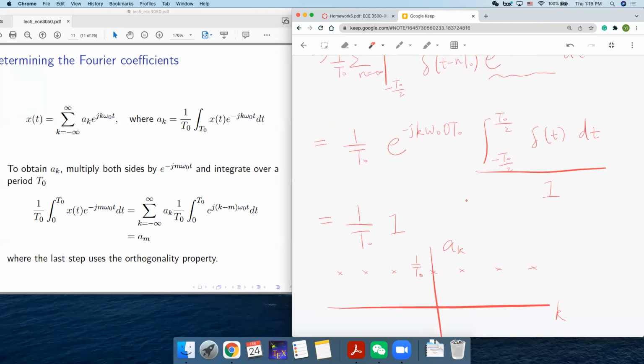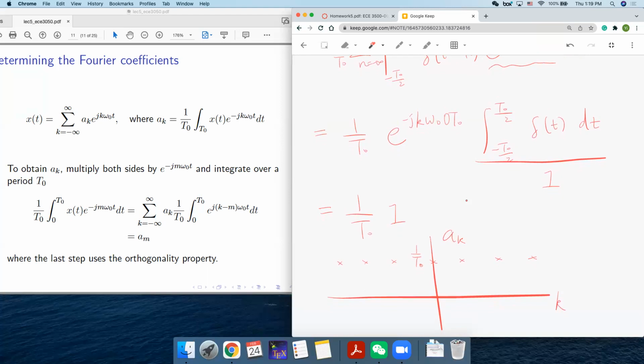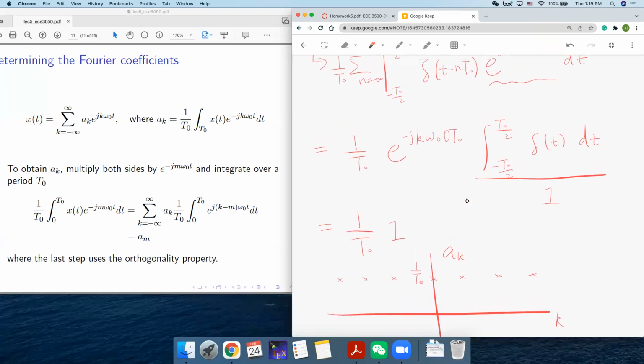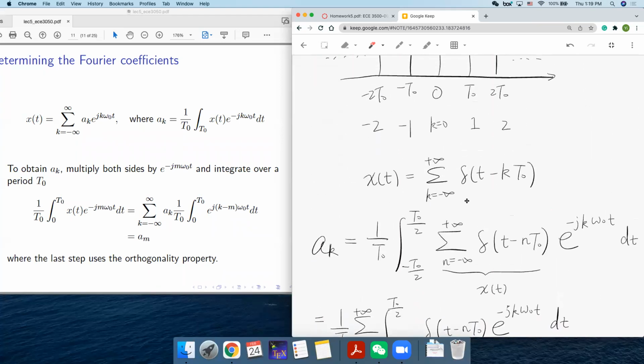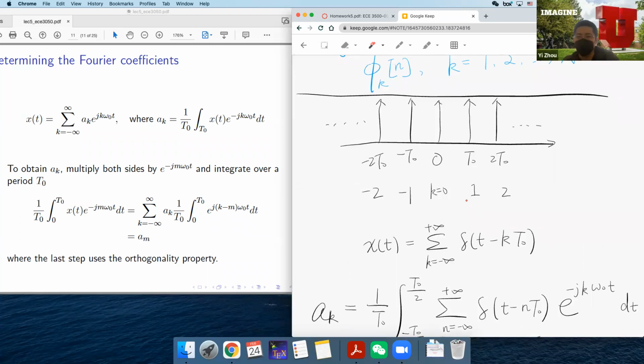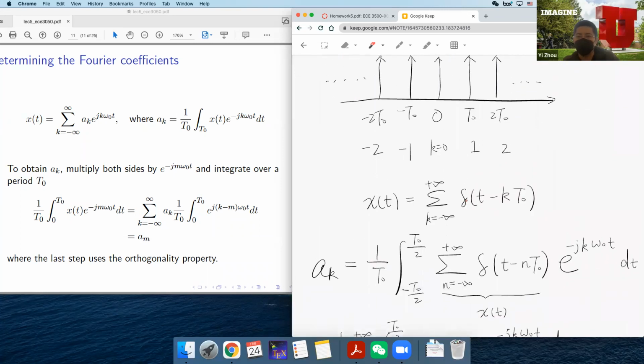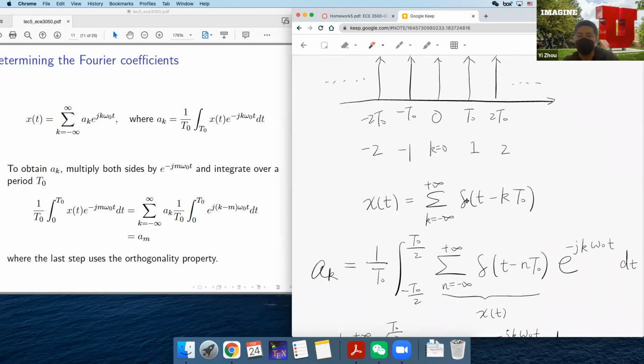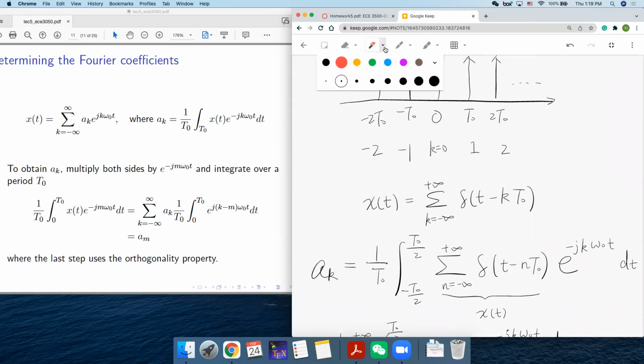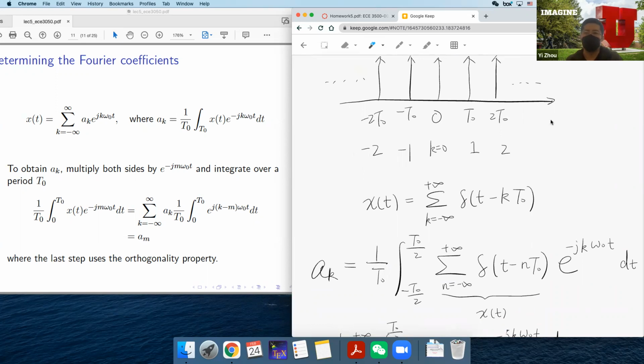When you're choosing your limits of integration, could you do 0 to T instead of -T/2 to T/2? Yeah, that's a great question. Yes, we can do that. So just a comment here. If we do that, then we need to be a little bit careful. If you choose 0 to T naught, then A_k is just 1 over T naught.